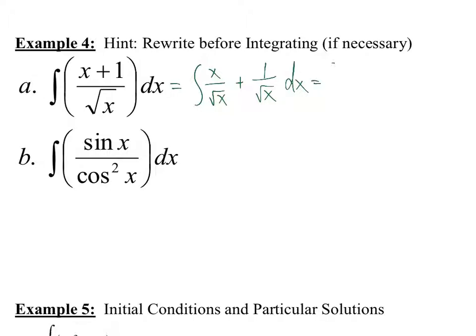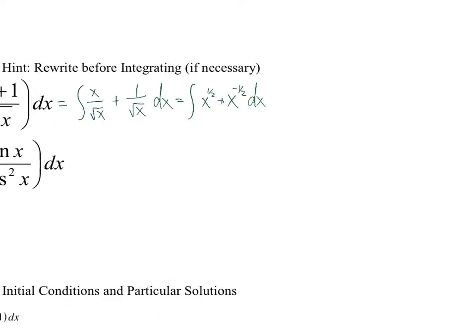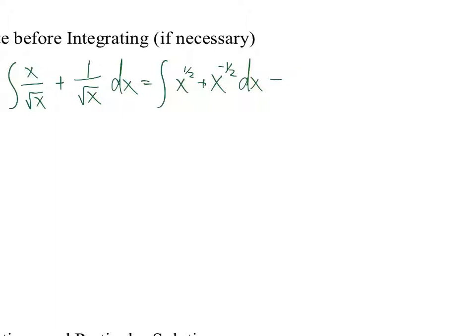So this is the antiderivative of x to the 1/2 plus x to the negative 1/2. Now I'm using the power rule for both of those. So x to the 3 over 2 times 2 over 3, flip and multiply.